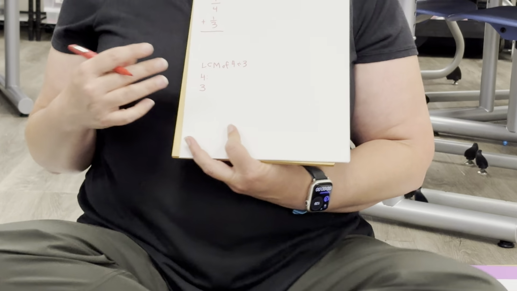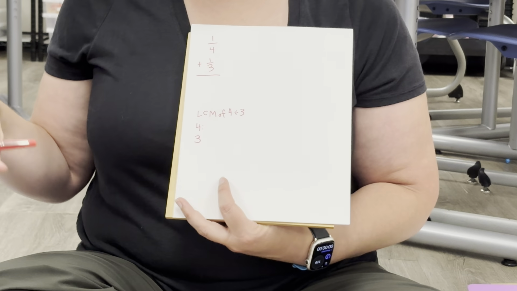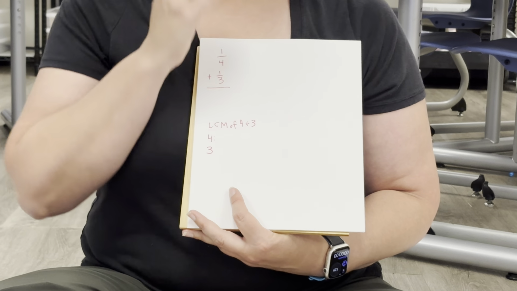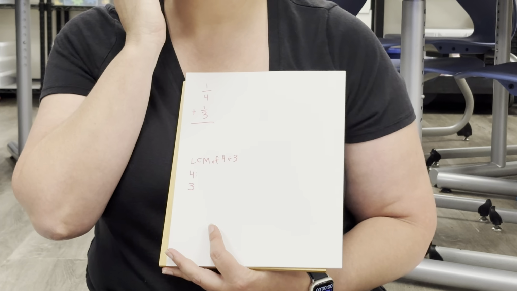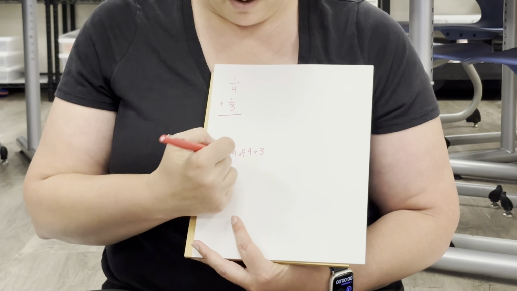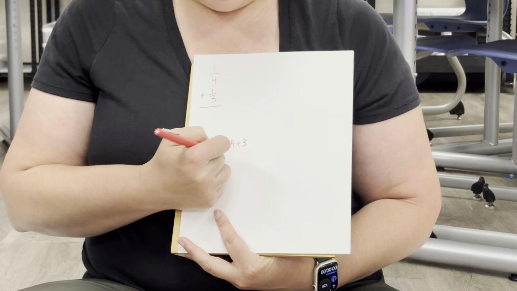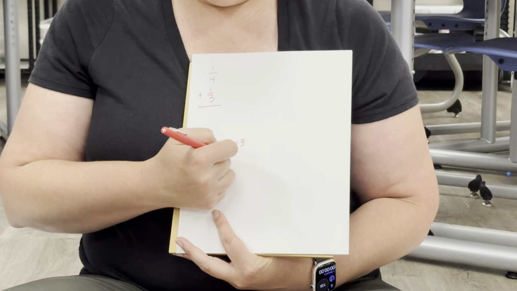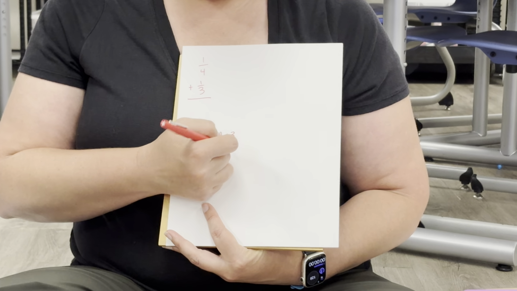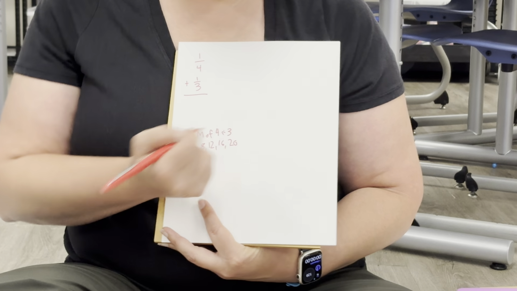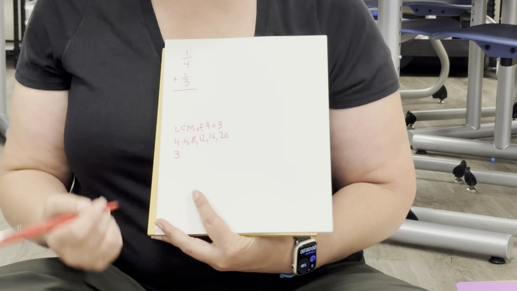All right, so what are the multiples of 4? Remember, when we're looking at multiples, how do we find them? Skip count? Yeah, we skip count. So we're going to skip count by 4: 4, 8, 12, 16, 20. That's probably enough. We can always add more if we need to.